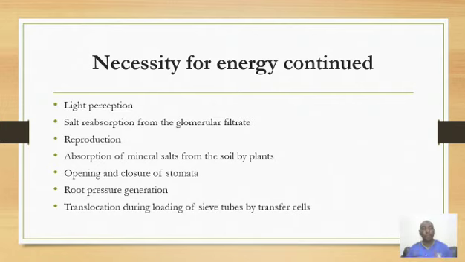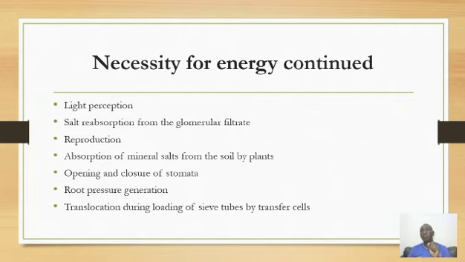Energy is needed for reproduction. In order for organisms to reproduce, they require the use of energy, like we shall see when we come to that topic in detail. Absorption of mineral salts by the plant roots from the soil.